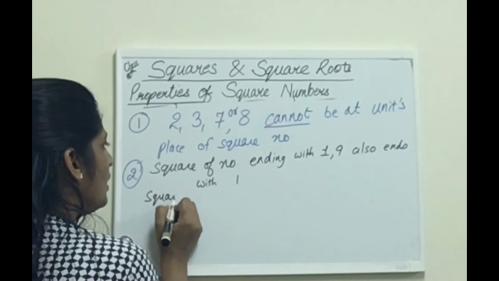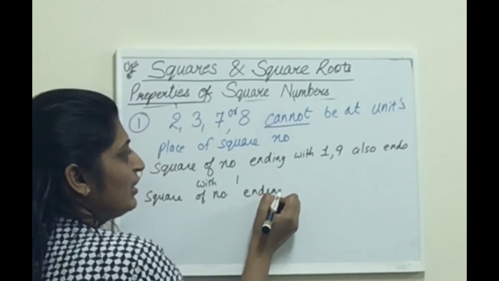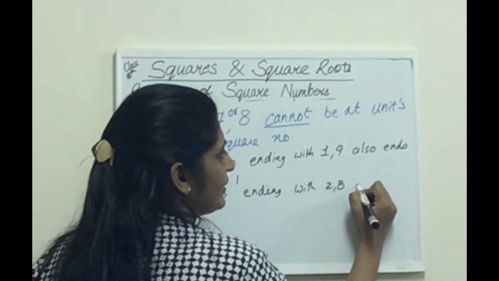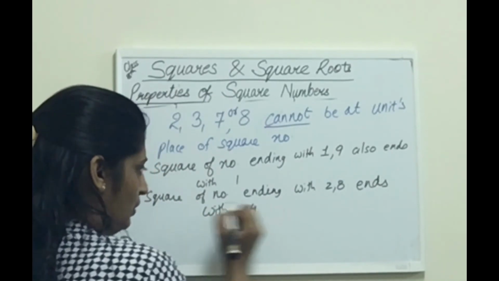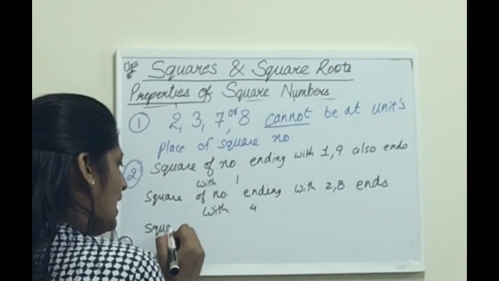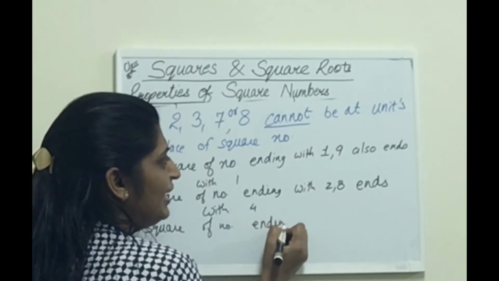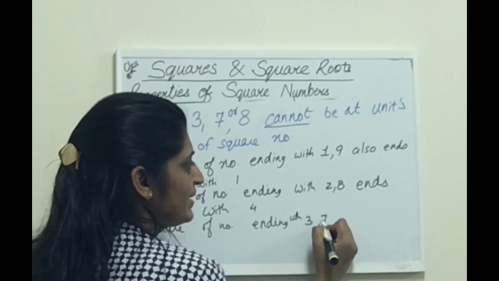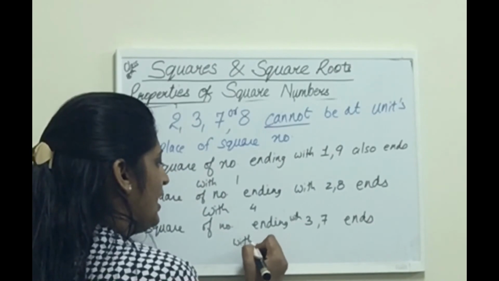The square of a number ending with 2 or 8 ends with 4. The square of a number ending with 3 or 7 ends with 9.